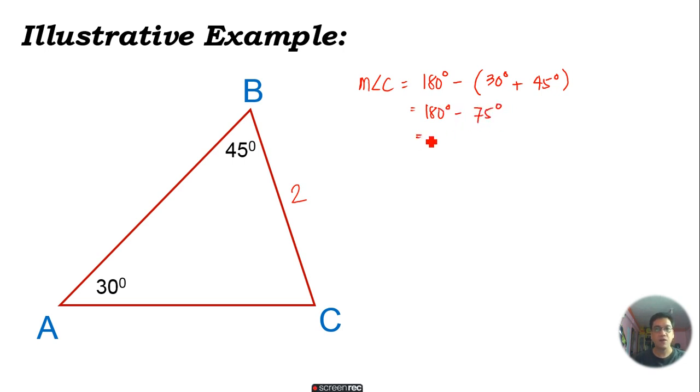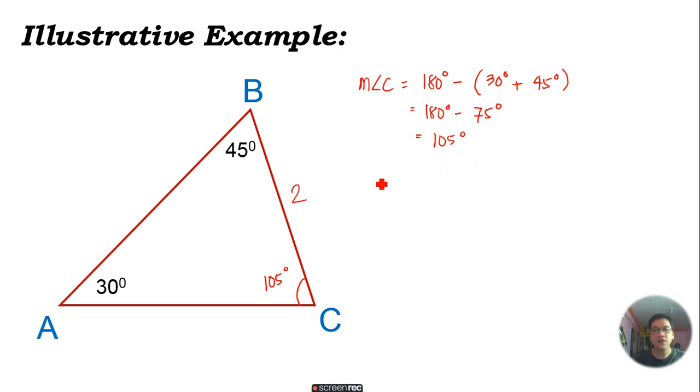So 180 degrees minus 75 degrees is 105 degrees. So we're done with the measure of angle C, 105 degrees. Let's just label this with 105 degrees. By the way, the illustration is not drawn to scale.